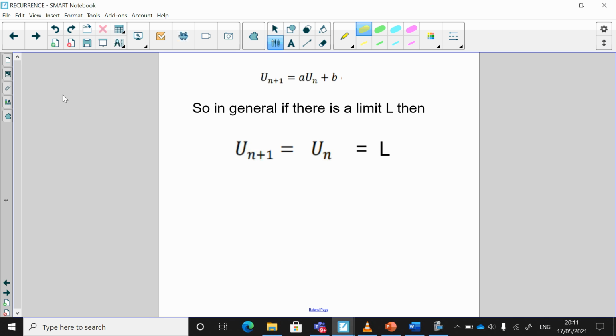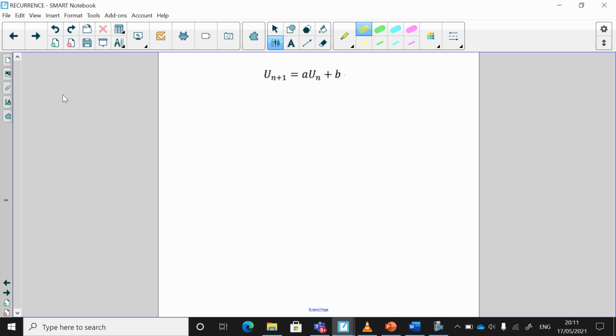And if that's the case, both of them are equal to L. That means we can replace both of them in the formula with L. That's what I've done there. We're trying to find this limit.